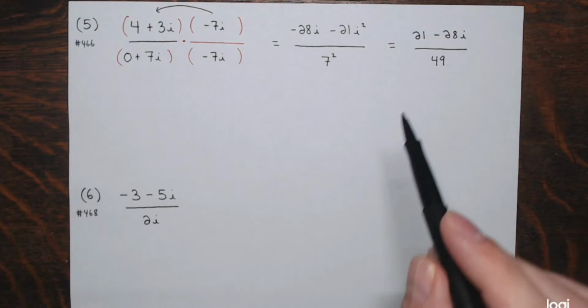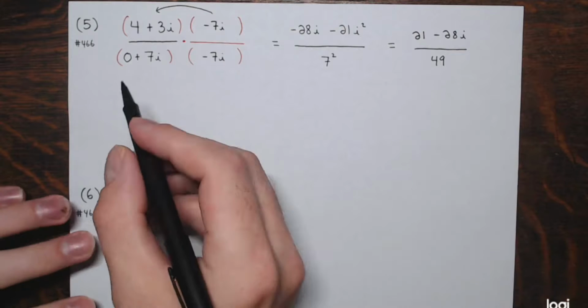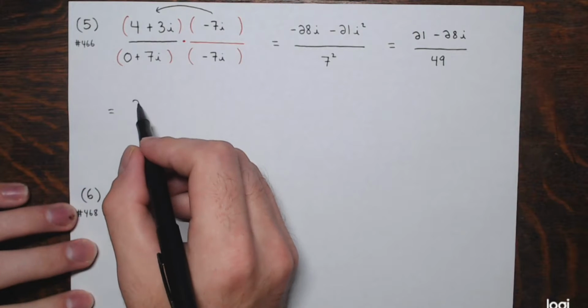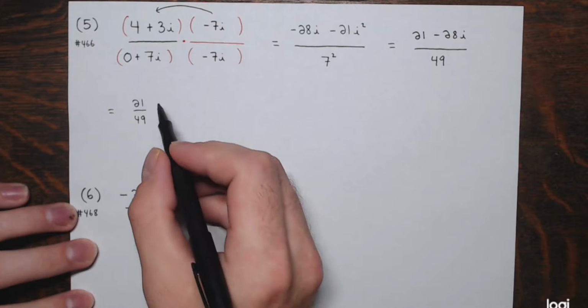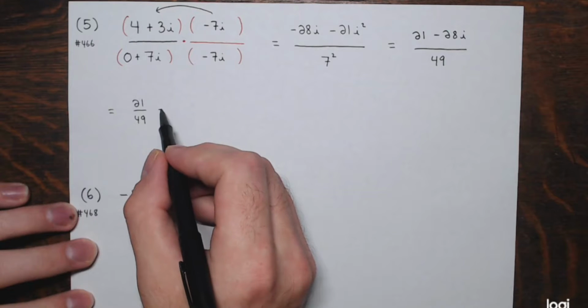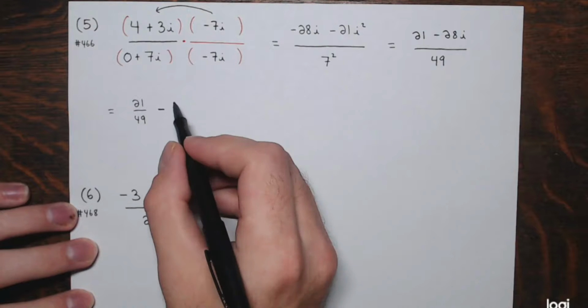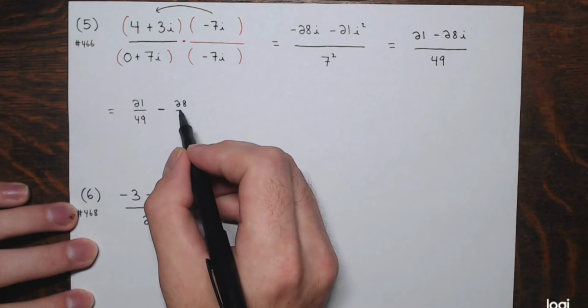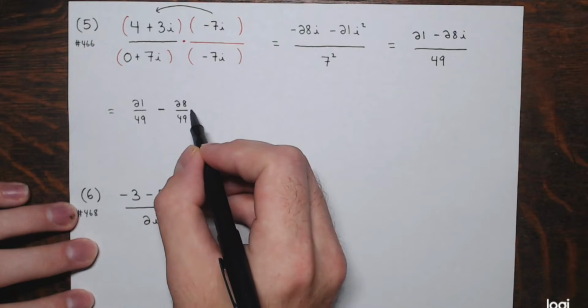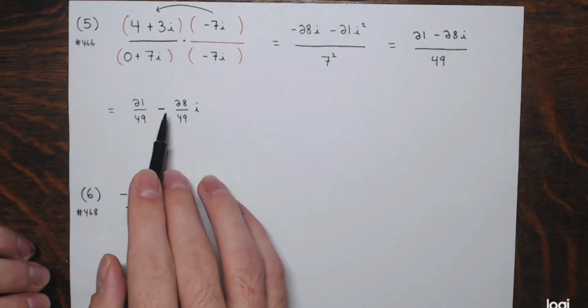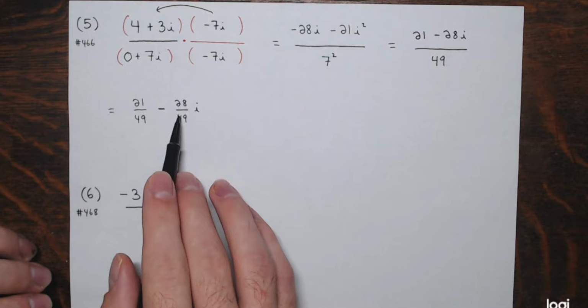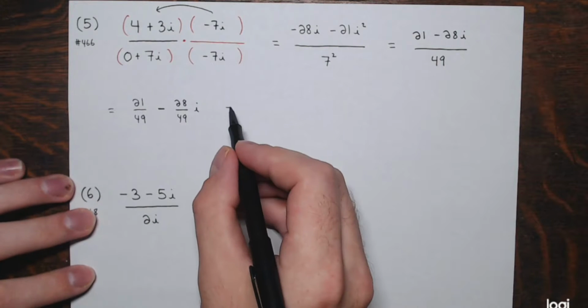All right, then once again, I'm going to just divide each term in the numerator by 49. So we have 21 49ths for the real term, and then the imaginary term, minus 28 49ths times i. But these fractions here are not simplified. We should simplify fractions.